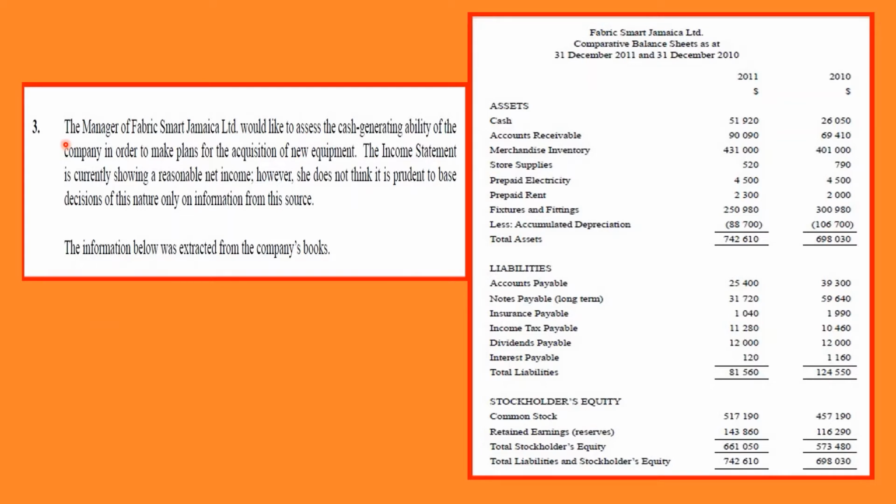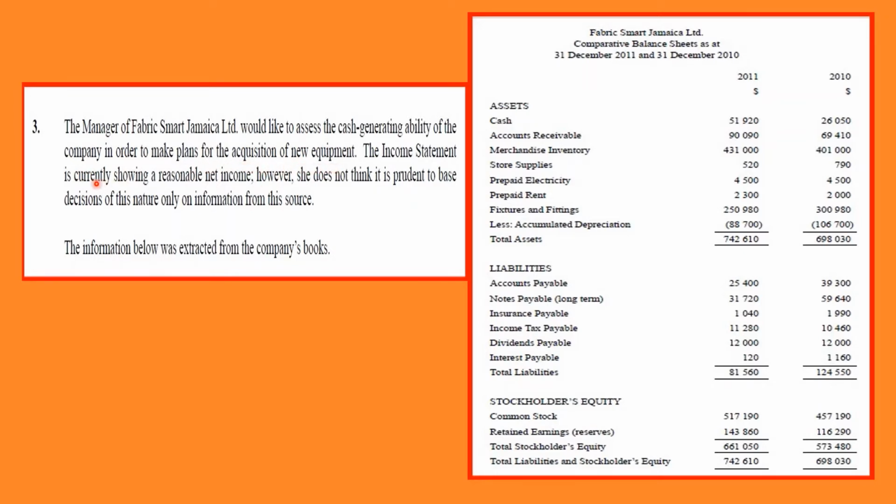Okay, we take a look at the data provided, and I will then give you an idea of how you should proceed in doing the cash flow statement. The management of Fabric Smart Chemical Limited would like to assess the cash generating ability of the company in order to make plans for the acquisition of new equipment.